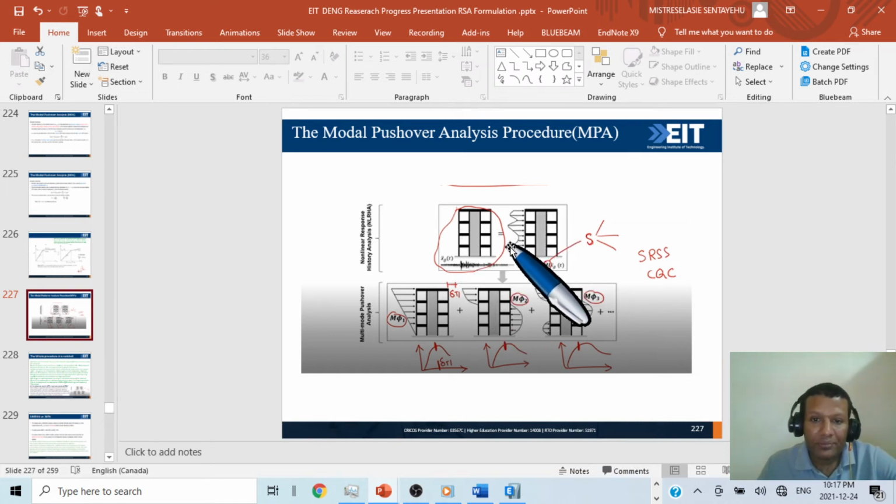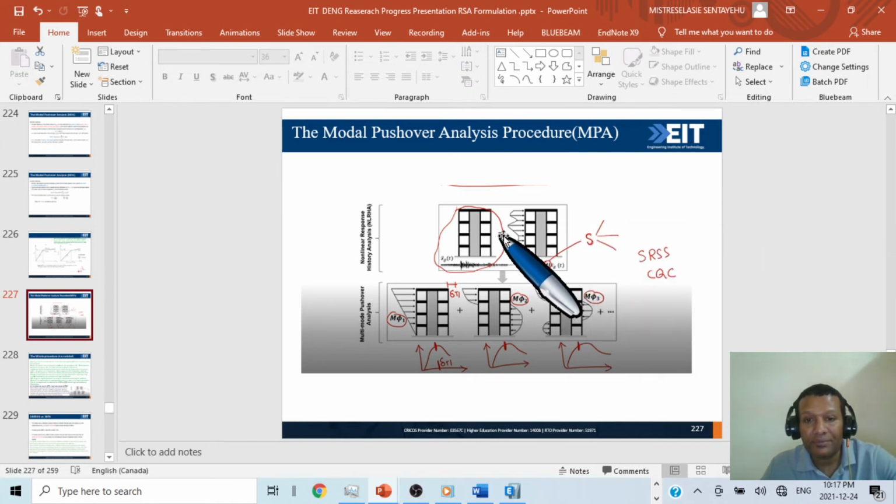But if you apply the modes, this is the spatial distribution, and we have to use it for each mode: mode 1, mode 2, mode 3. The total effective force has a contribution from each mode.